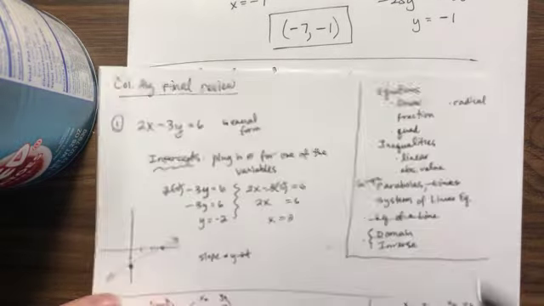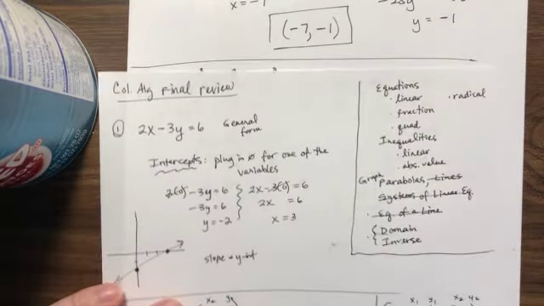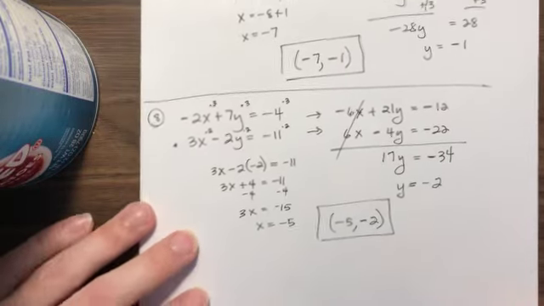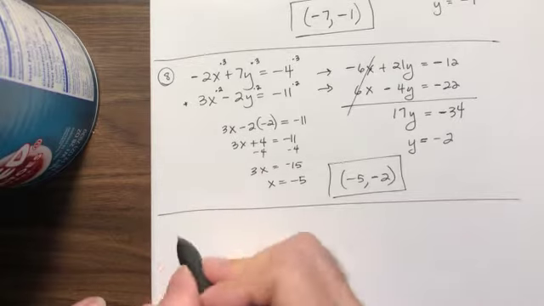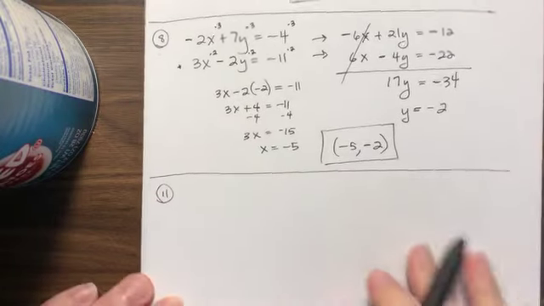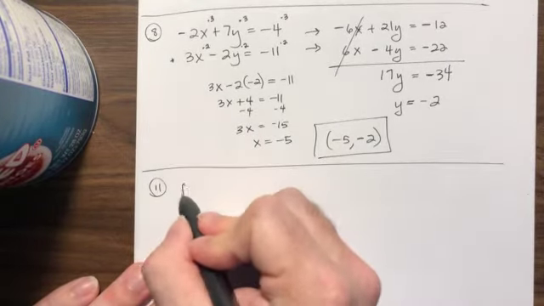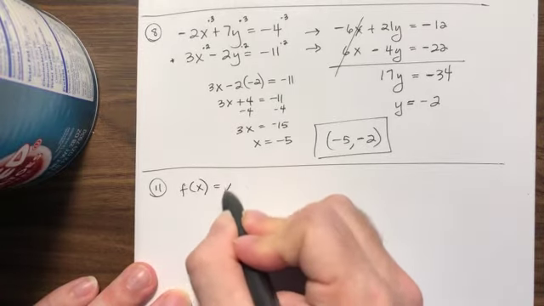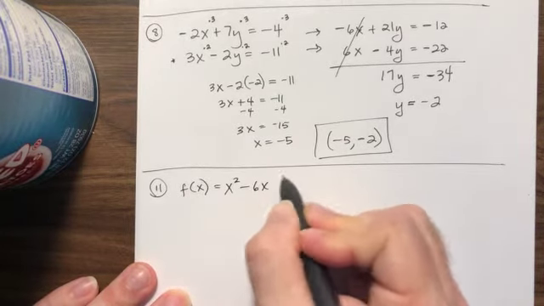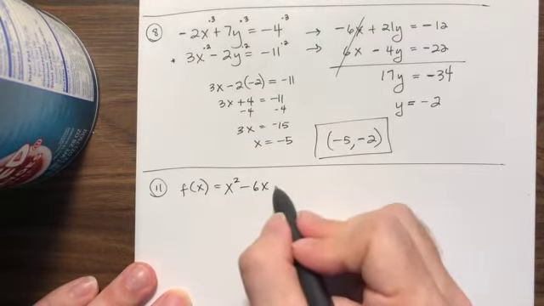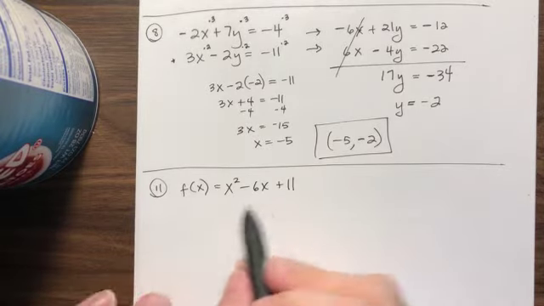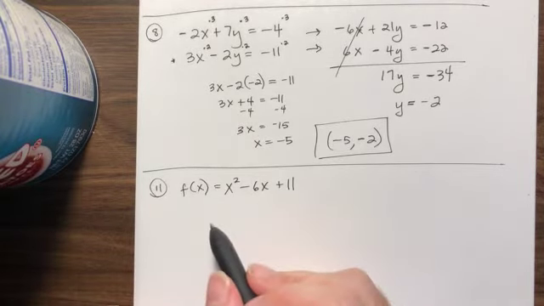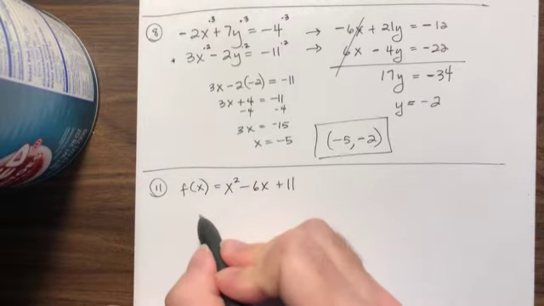All right, so back to here. We've done systems of linear equations. All right, sketch the parabola. Let's look at number 11. So sketching the parabola, if I have a quadratic equation in general form, x squared plus bx plus c, or ax squared plus bx plus c, then I need to figure out what the vertex is.